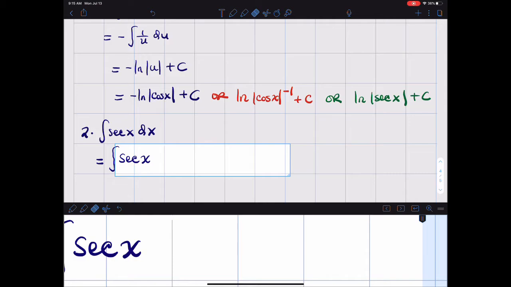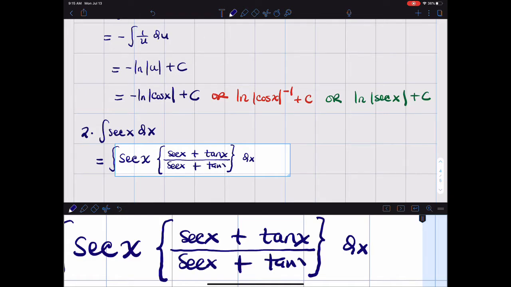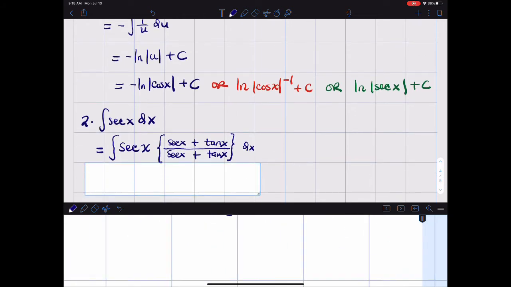Now that fraction is something you may not expect, but when I do it, it's going to make sense to you. I'm going to multiply secant of x by 1, but I'll write 1 as secant of x plus tangent of x over secant of x plus tangent of x. This is definitely 1.